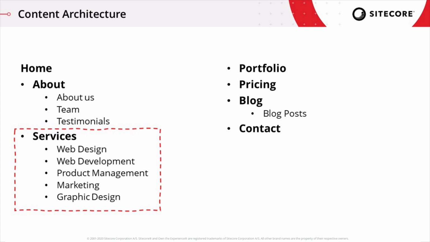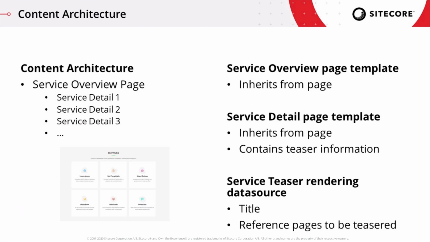So what we're going to do in our demo is create two page templates, one for the overview page and one for the detailed page. Both will inherit from the page template itself. This provides us certain functionality that we need to utilize all the SXA functionalities, for example with page and partial designs.